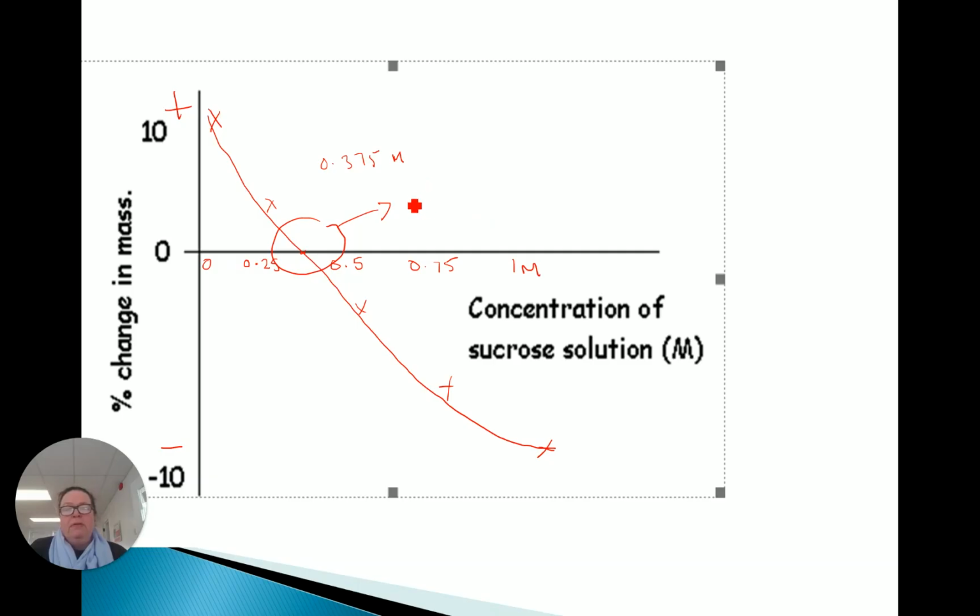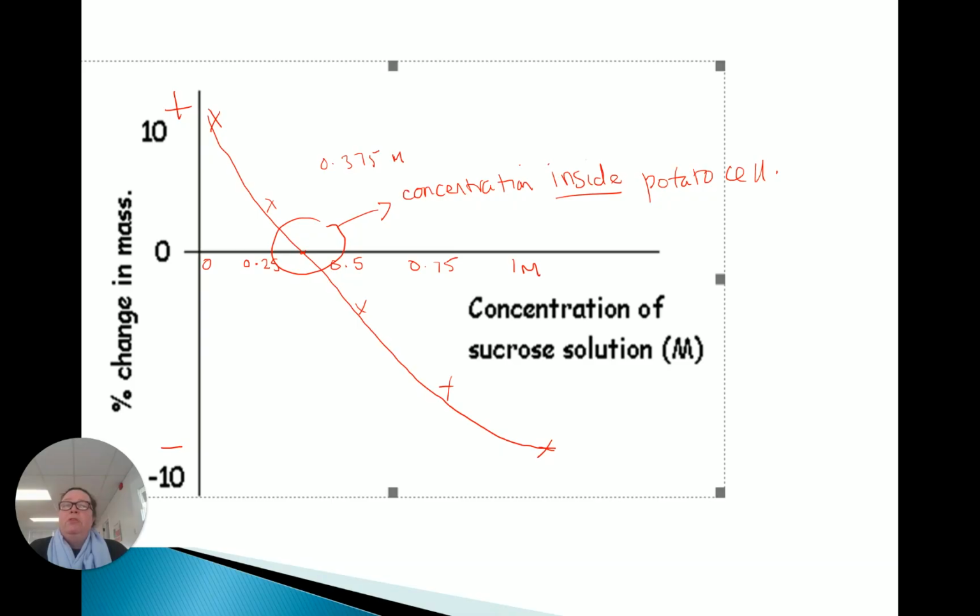So that tells us the concentration inside the potato cell, because there's no increase in mass, there's no decrease in mass. So there's no water movement. That's because it's the same inside as outside. So it might ask you to read that off.